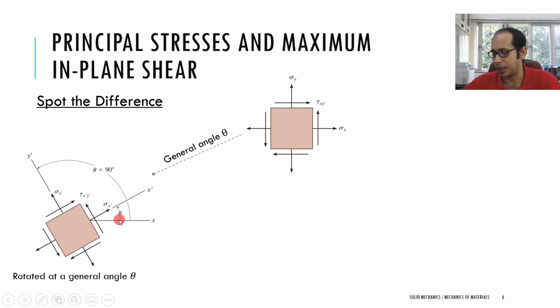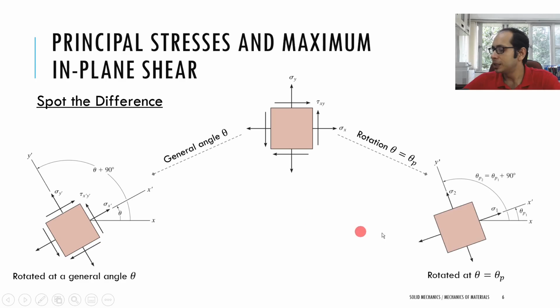Now when I rotate by theta equals theta p, that is, about the principal planes, you see this is the set of stresses that we have: sigma 1 is the maximum stress and sigma 2 is the minimum, or vice versa, depending upon the sign and so on.